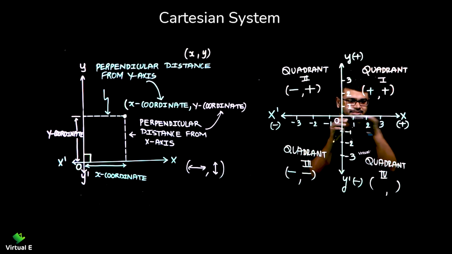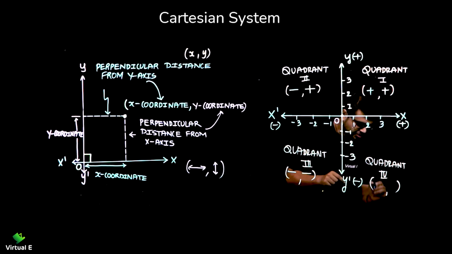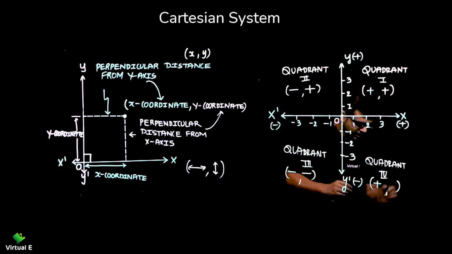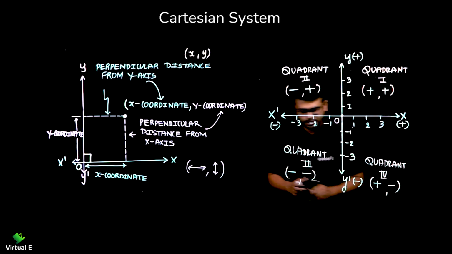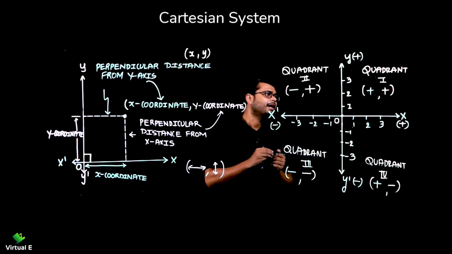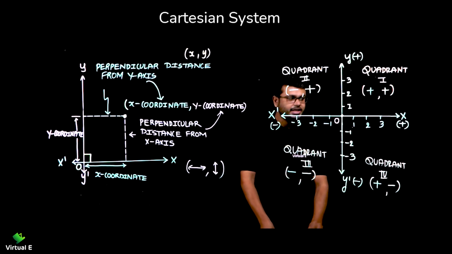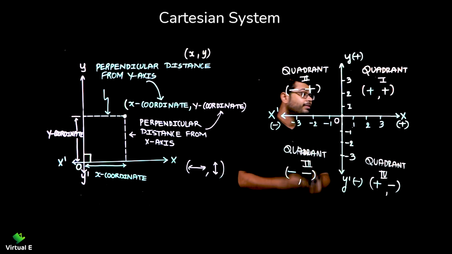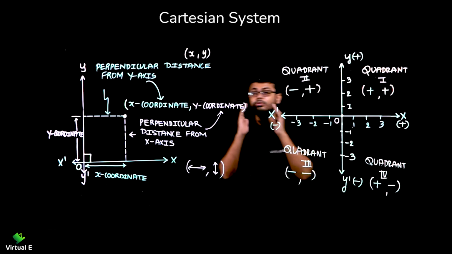Here x-axis is this one, so that is positive, and the y-axis is this one, so that is negative. So this is fixed, that every quadrant has its own set of signs for each coordinate x and y, right? That is going to remain the same, and we need to remember it.